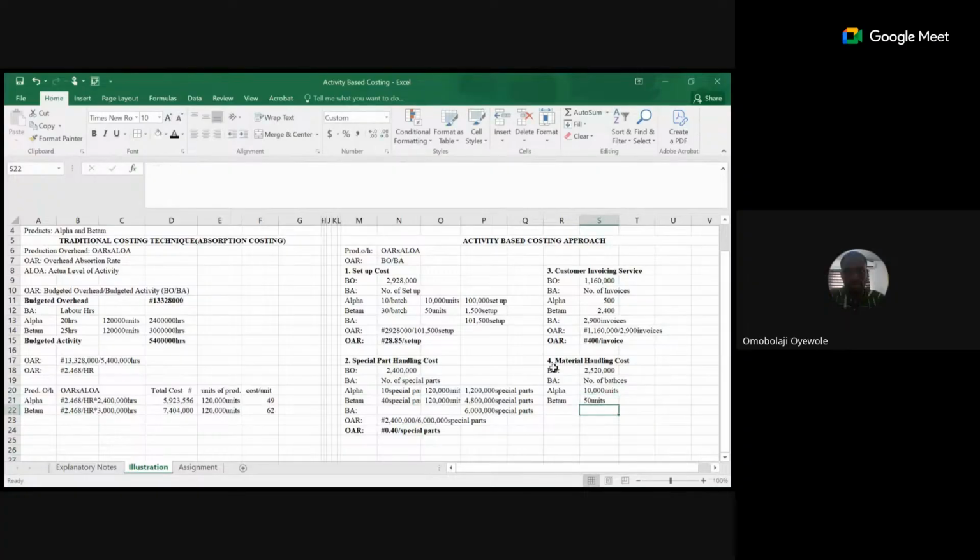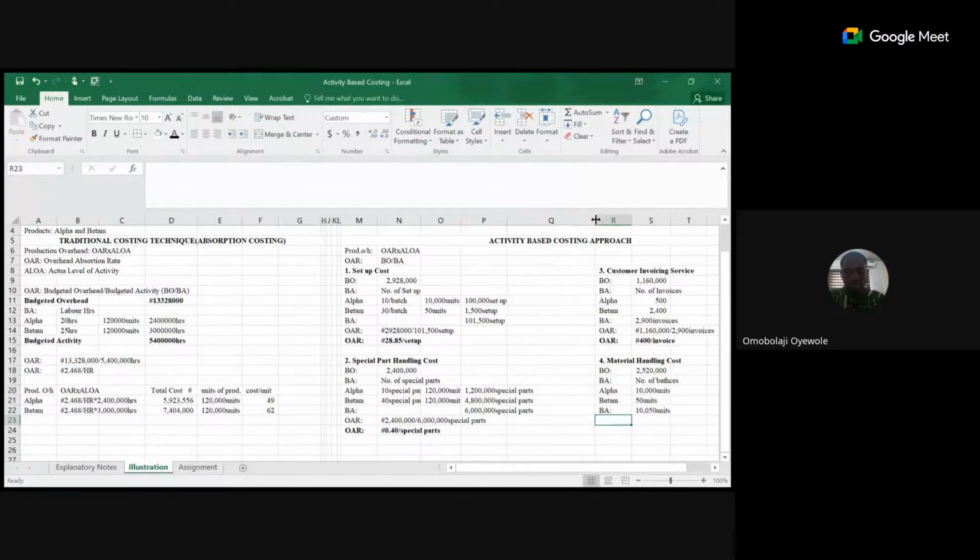If we add up, that'll give us 10,000 and 50 units. That will be our budget for the activity, right? Yes. We have budgeted activity.